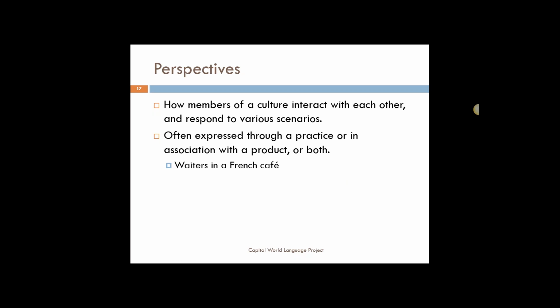For example, one of the good examples that Nicole Naditz always likes to throw out there is waiters in a French cafe or restaurant. Americans might go on a trip to Paris, sit down and have their dinner, and find it incredibly rude because the waiter is not bringing them their check.